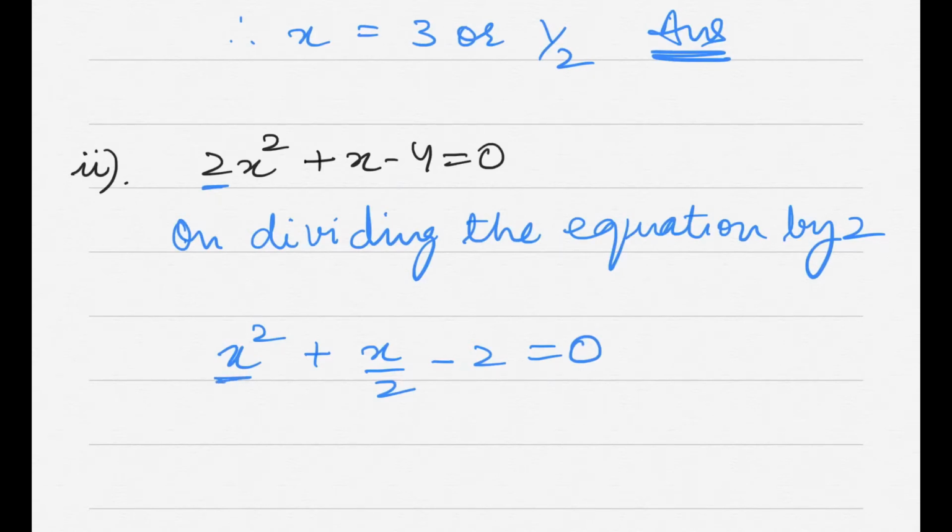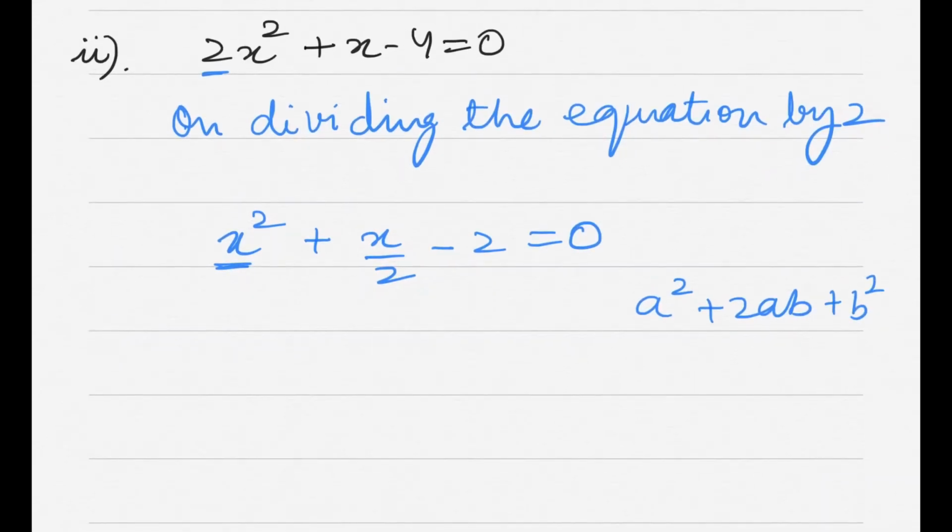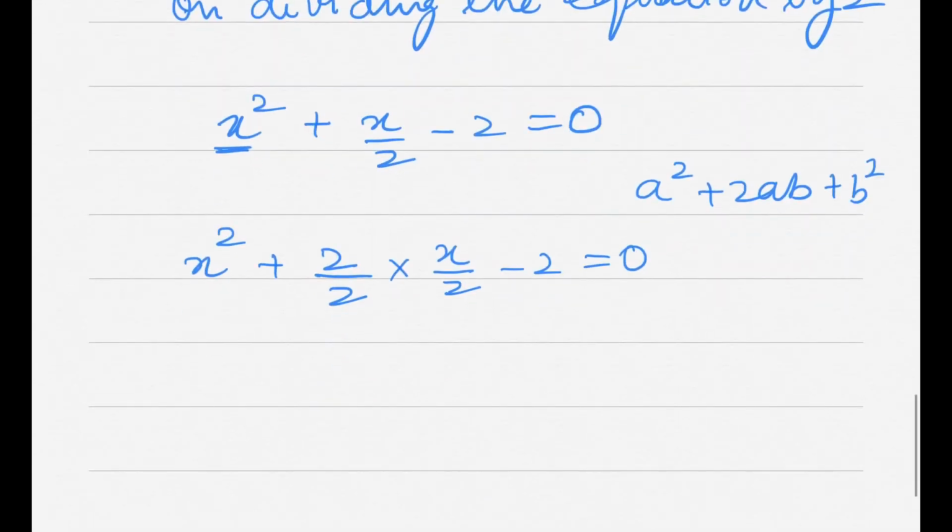Now I know my first term is squared, right? So I have to get my terms in the form of a square plus 2ab plus b square. So my first term is the same. Now again I have to find the 2, so I'll multiply and divide by 2. So 2 by 2 into x by 2, right? So I have multiplied and divided, so actually I have not disturbed my equation.